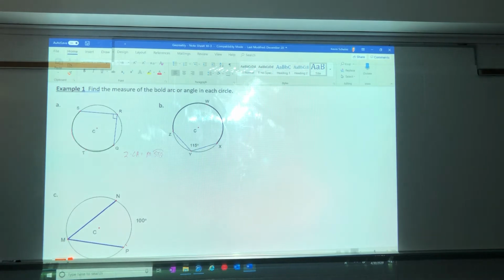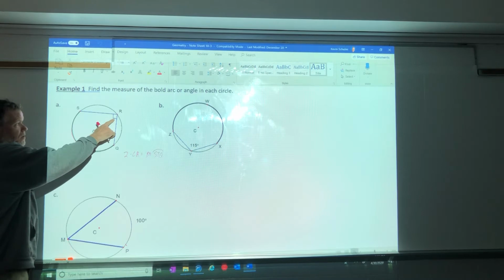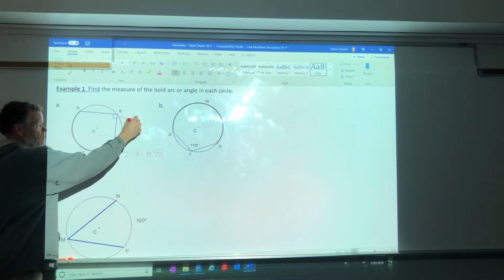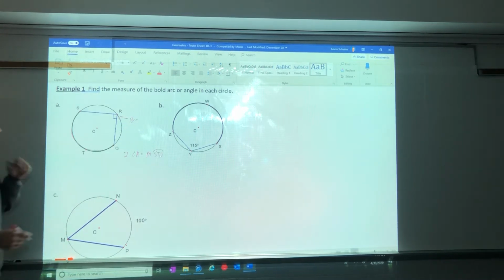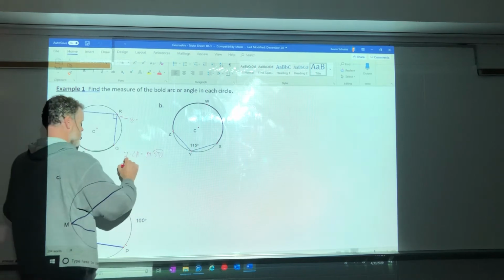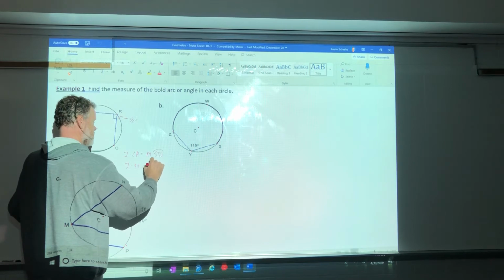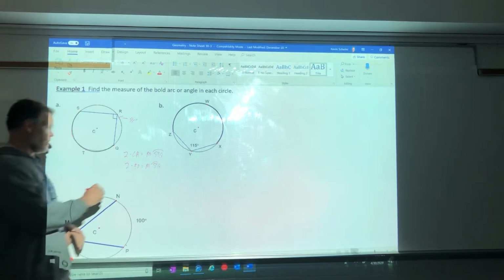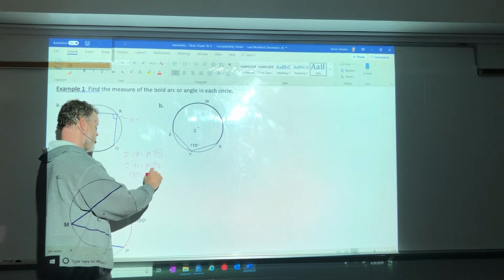Like I said, you're always given one of the measurements. They give you the measure of the arc. If you have this box, this angle is going to be 90 degrees. It's a right angle. So now 2 times R, 2 times 90 equals the measure of arc STQ. So 180 degrees is going to be your measurement of arc STQ.